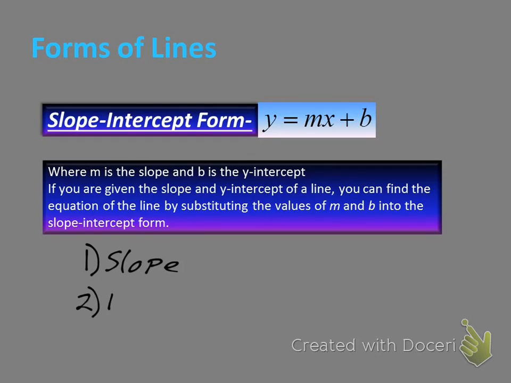And step two, you're going to find b. Find your y-intercept. And step three, rewrite. Those same three steps we're going to do all day. Find your slope, find b, rewrite it.